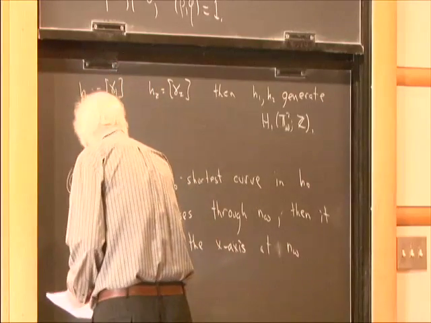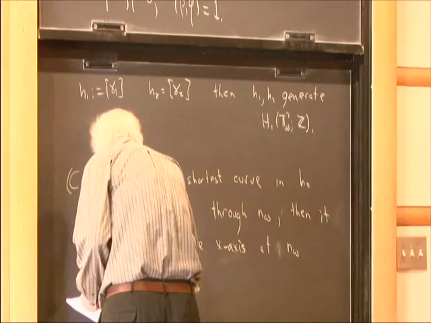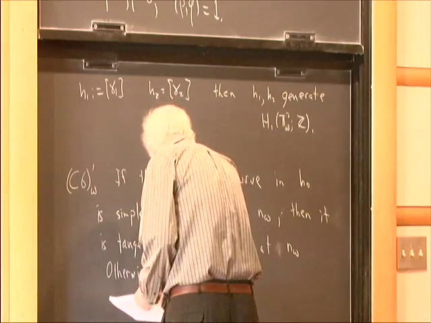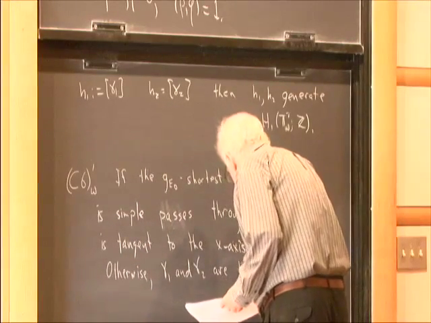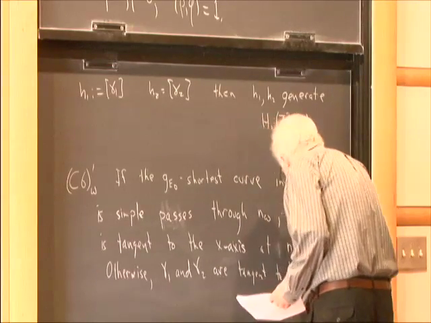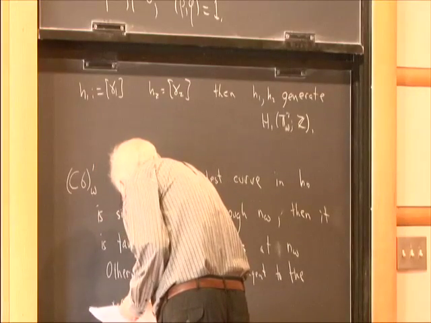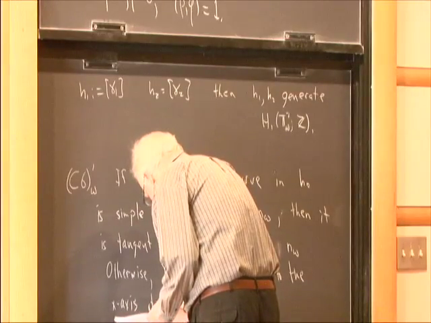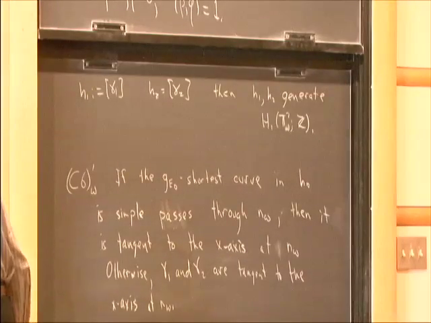If it's not simple, gamma 1 and gamma 2 are tangent to the x-axis at n omega. Okay, so this perhaps requires some explanation.